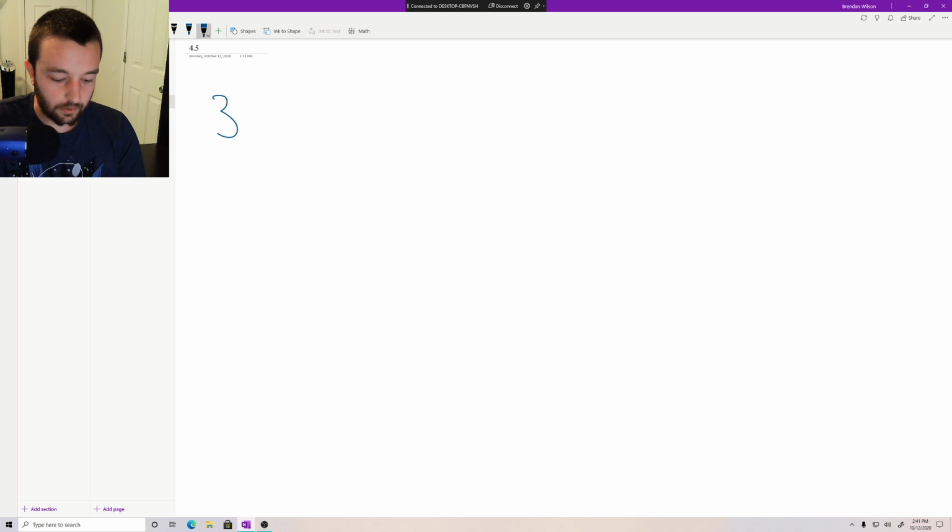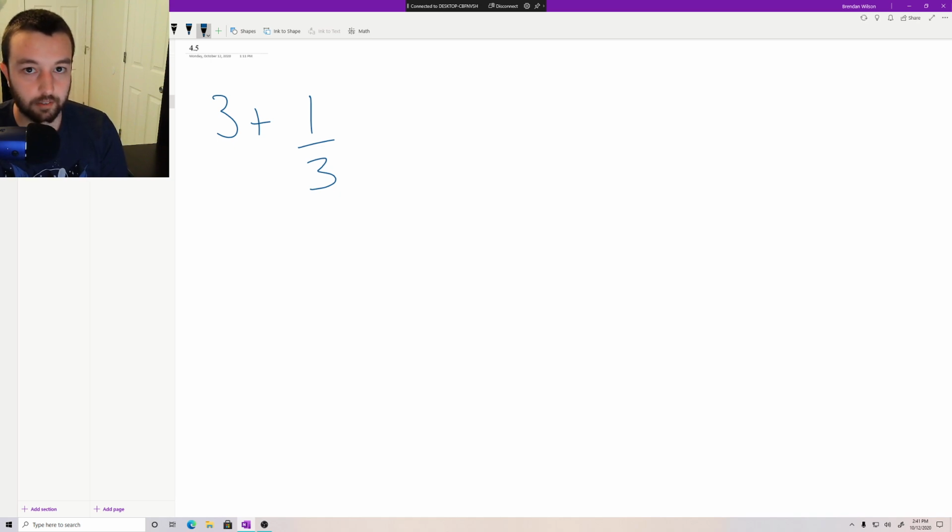Let's think about, what if we had a whole number plus a fraction? Well, if we think about division, we can be kind of clever with this. This is just an example to get us started, so don't worry if this doesn't make complete sense yet.